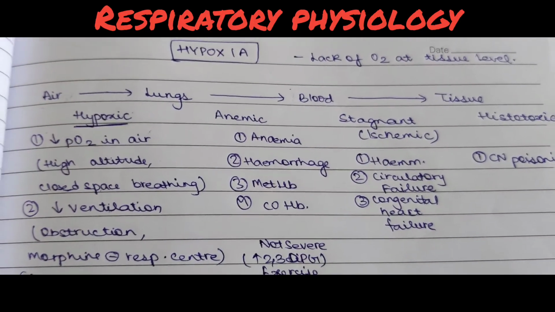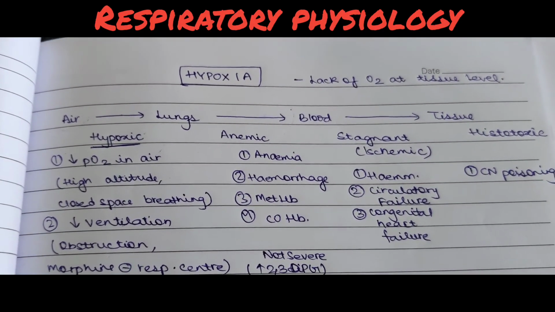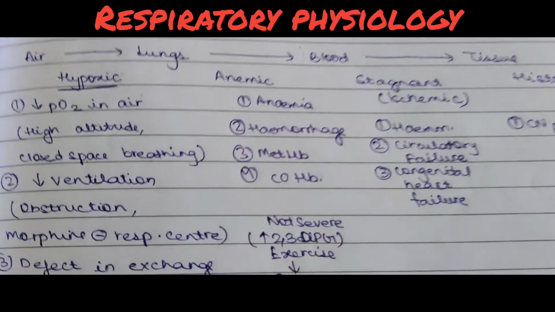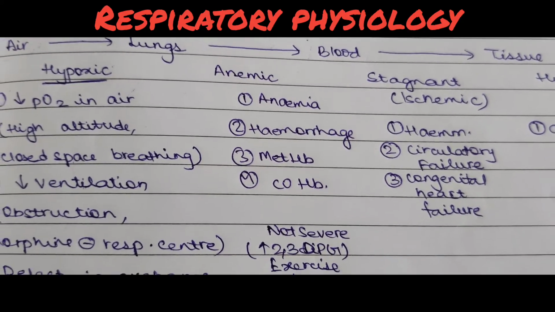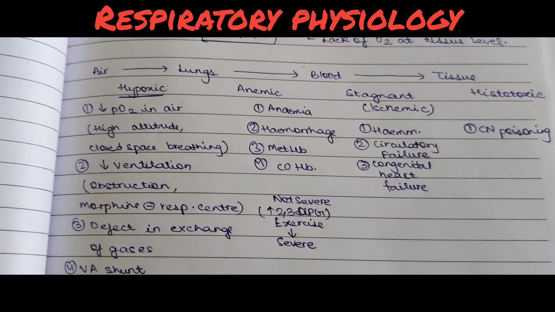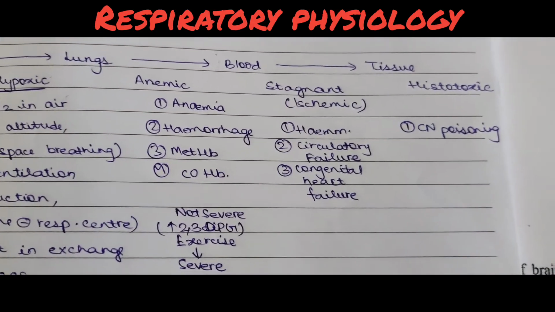Now, if the blood is not carrying the oxygen appropriately, it is known as anemic hypoxia, and the causes are anemia, hemorrhage, methemoglobin, and carbon monoxide hemoglobin. Okay, and this is not very severe, but exercise will lead to severe anemic hypoxia.